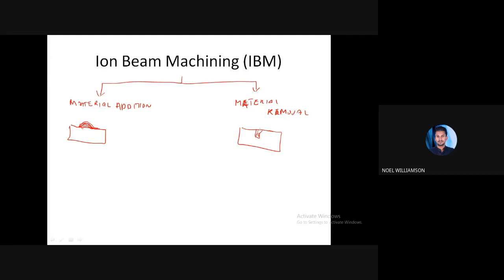Unlike electron beam machining and laser, how is material removed in those? In laser beam machining, the material is removed by melting it, using the temperature produced by the focused rays of the laser.